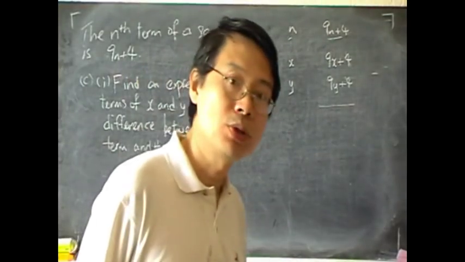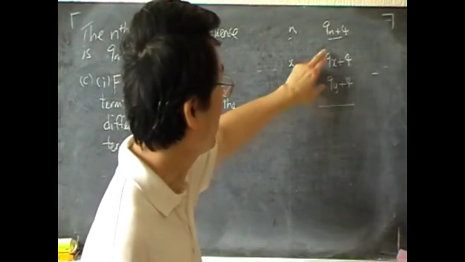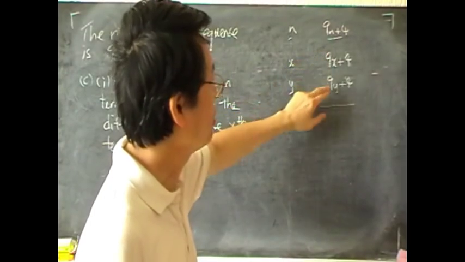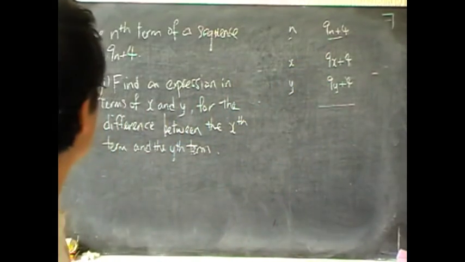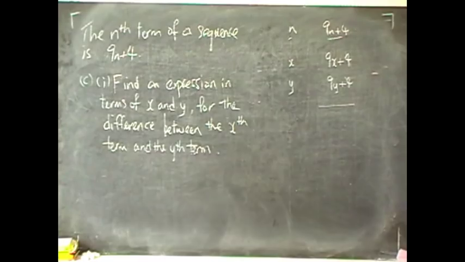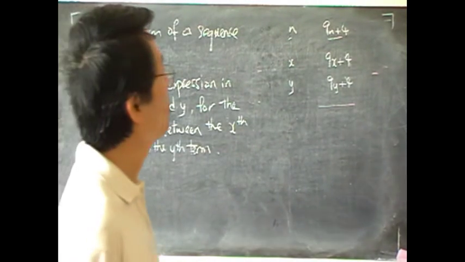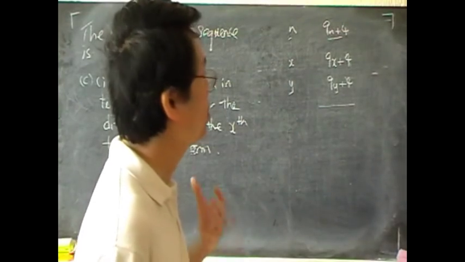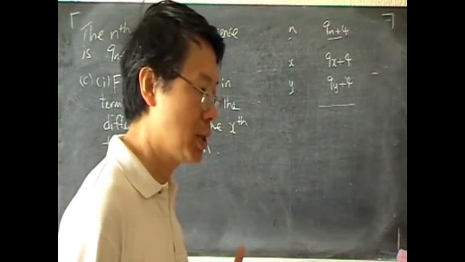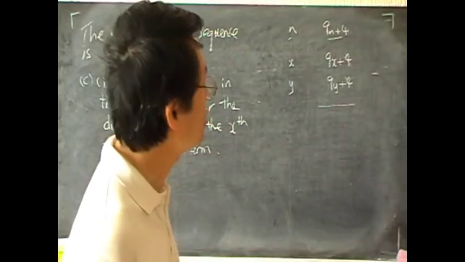Now why should we do 9y minus 9x instead of 9x minus 9y? Well, in this case, when we do a difference, we would usually take the bigger number minus the smaller number.